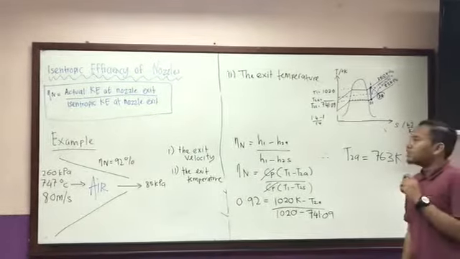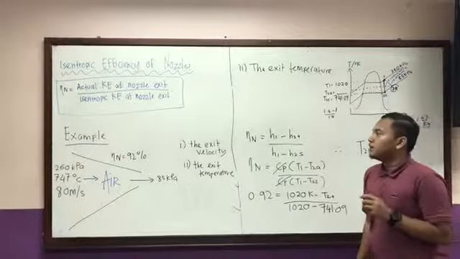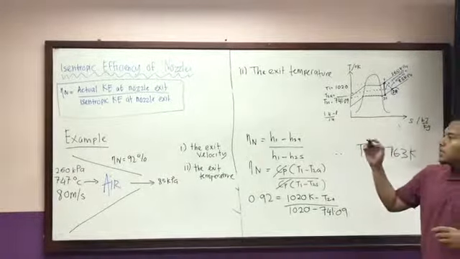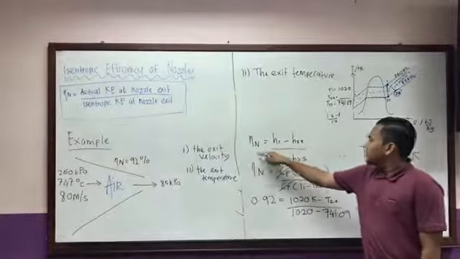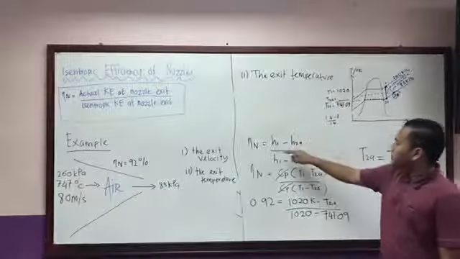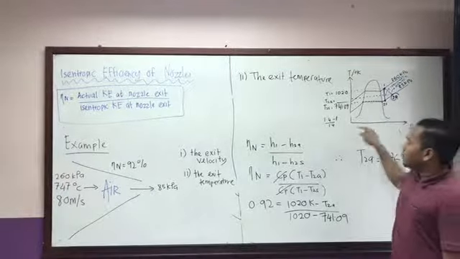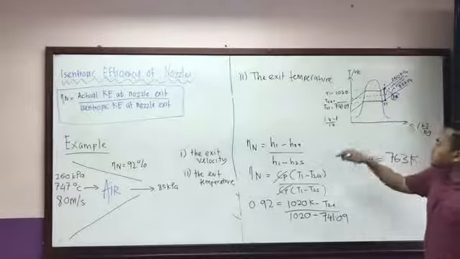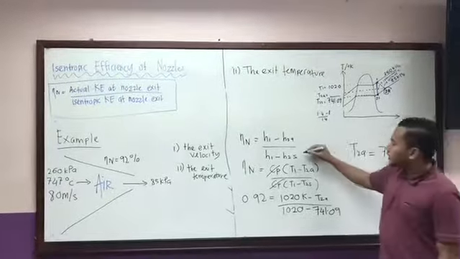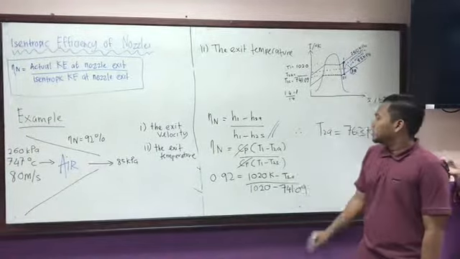We can find it using the isentropic efficiency formula, which is the enthalpy 1 minus the enthalpy 2A, divided by the enthalpy 1 minus the enthalpy 2S, the basic equation for the isentropic efficiency.